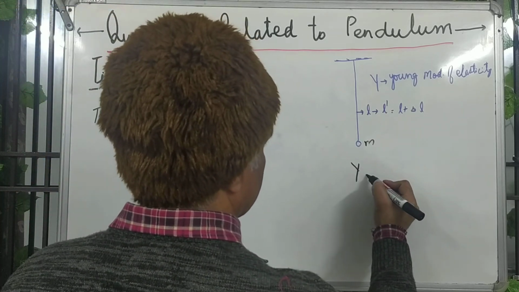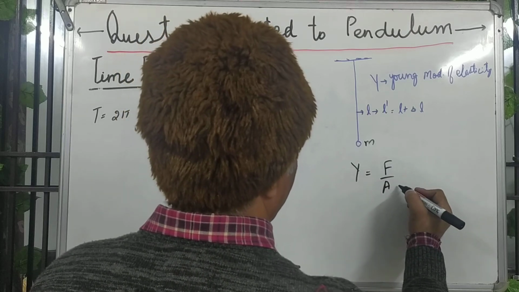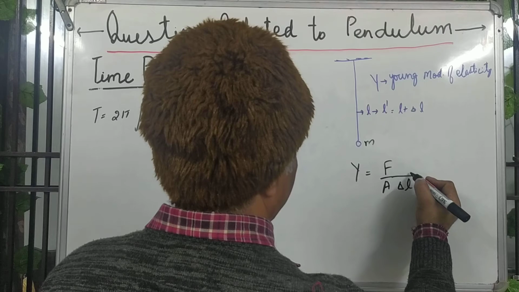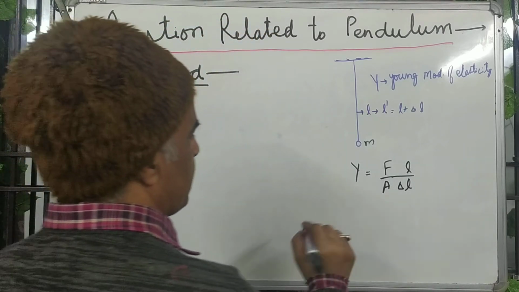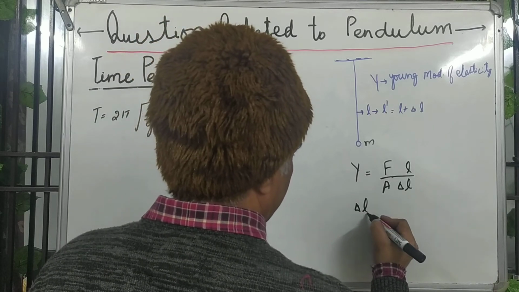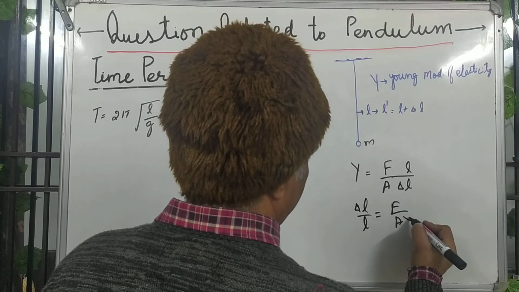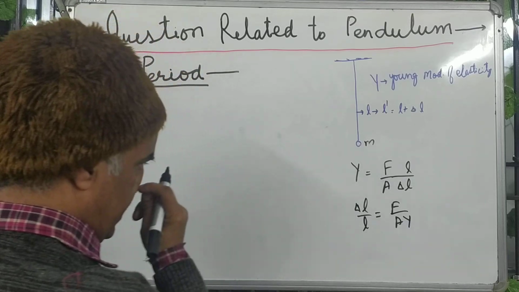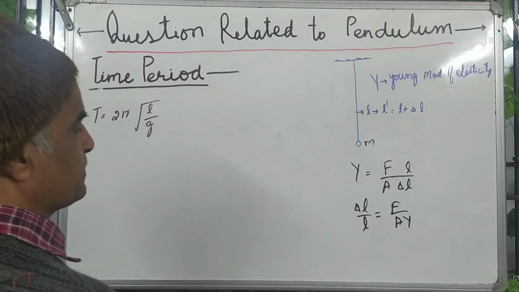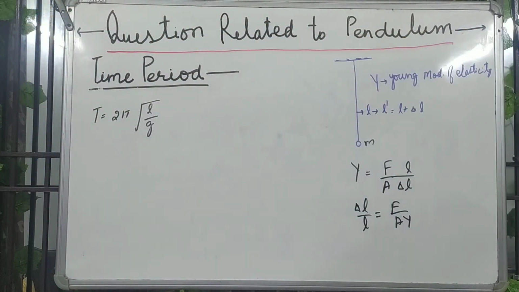You know very well that Young modulus of elasticity is stress upon strain. Stress is force upon area, and strain is delta L upon L. So this implies delta L upon L is F upon A Y. Please clear it in case of any doubt.